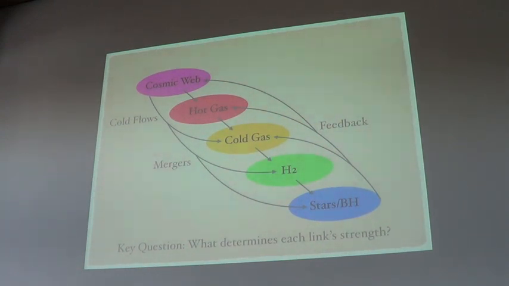But also very interesting cases where we break some of these links, say for satellite galaxies, where we break the accretion, or for galaxies with strong AGN, where we increase the feedback. What can we learn about the strength of these links and about galaxy formation from these examples where we've messed with this diagram in some way?